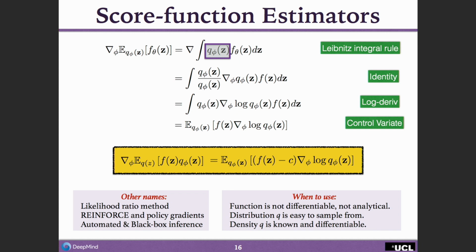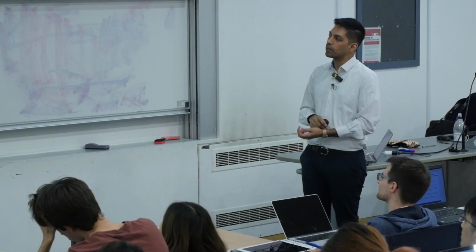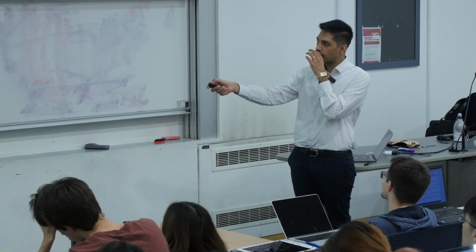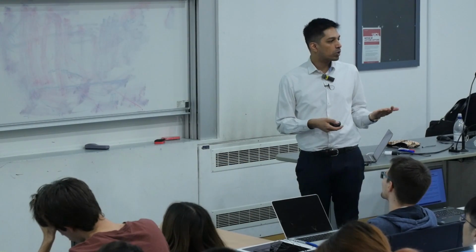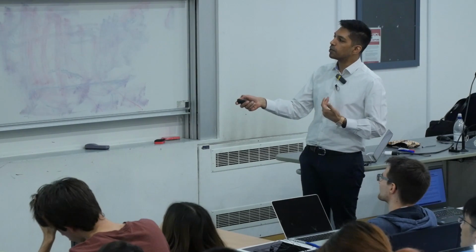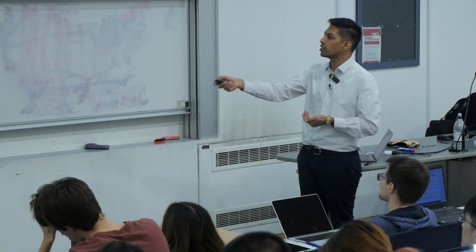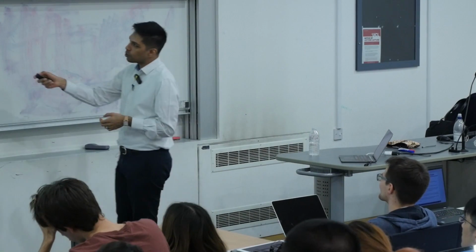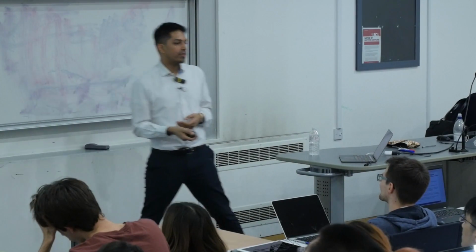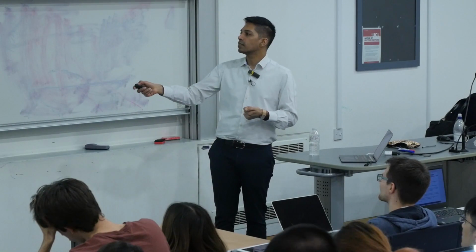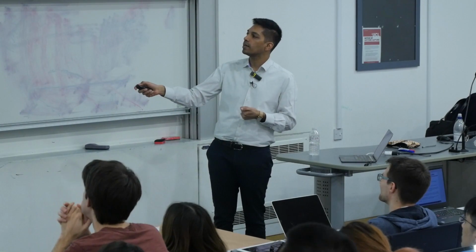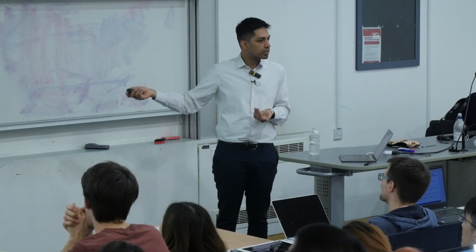And let me re-explain this equation to you the way you learned it in reinforcement learning. So in reinforcement learning, Q is what you called the policy, and you wanted to compute the policy gradient, which is the gradient with respect to the policy parameters, which are phi in this case. You had a reward function, which is f, and then you had the gradient of this log Q, which is the policy.